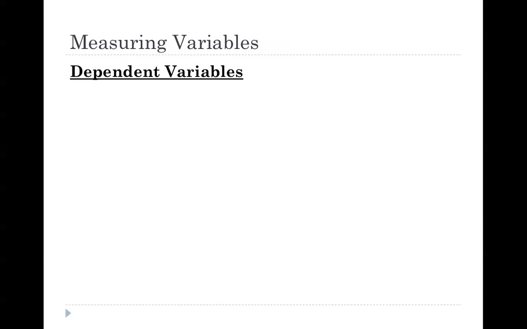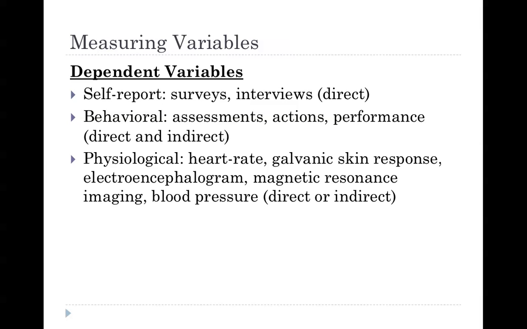As well, with dependent variables, besides asking whether you are using a direct or indirect measurement, you really need to figure out whether it's one of 3 different types of dependent variables: a self-report, a behavioral, or a physiological. A self-report really deals with surveys and interviews.